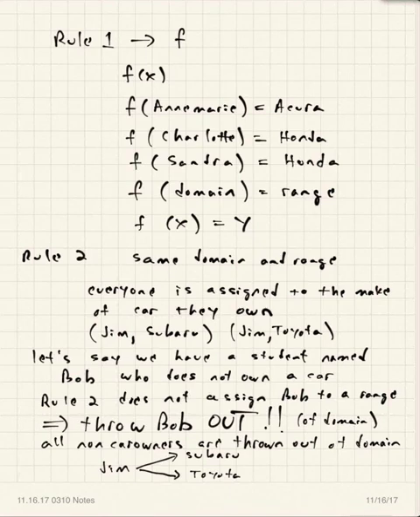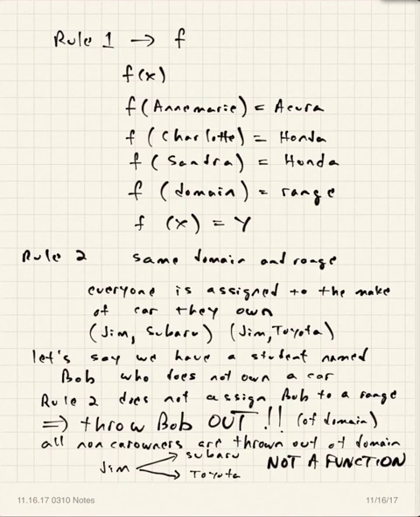Once we have a domain that's assigned to two ranges, that kills it right there. It is not a function. So this is not a function. We have at least one domain that gets assigned to multiple ranges, and that is a problem, right? And so we can't do that.